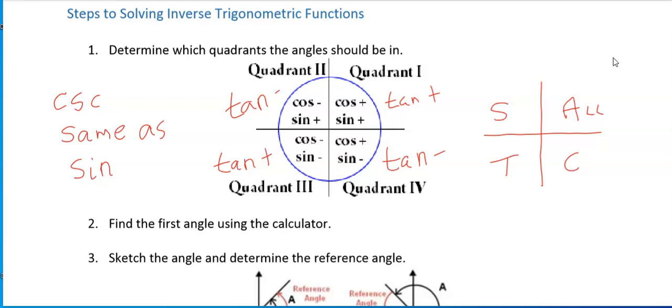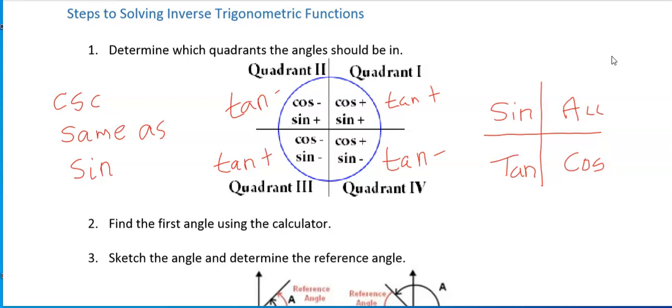In quadrant number 2, only the sine is positive, and its reciprocal ratio, which would be cosecant. In quadrant number 3, only the tangent is positive, and again, its reciprocal ratio, the cotangent. All the others are negative. And in quadrant number 4, the cosine is positive. All the others are negative, except for the reciprocal of the cosine, which is secant. That one is positive as well.